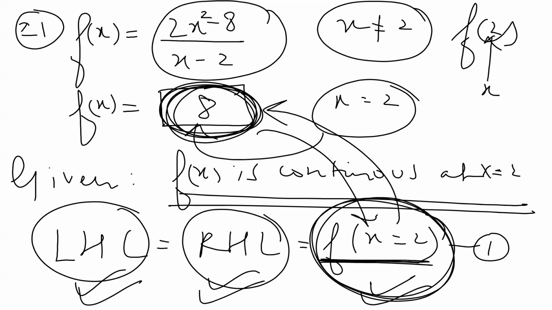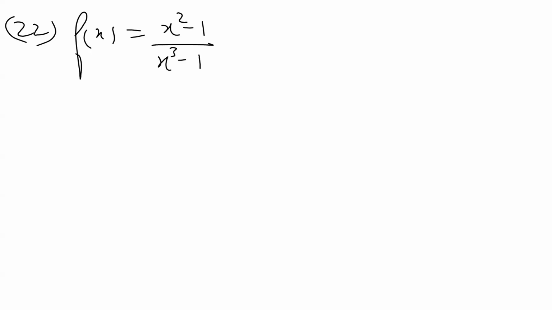Question number 22. The theme of the problem is the same. f of x is equal to (x square minus 1) upon (x cube minus 1) is not defined at x equal to 1.